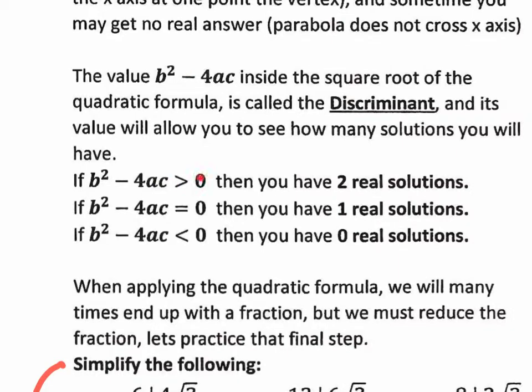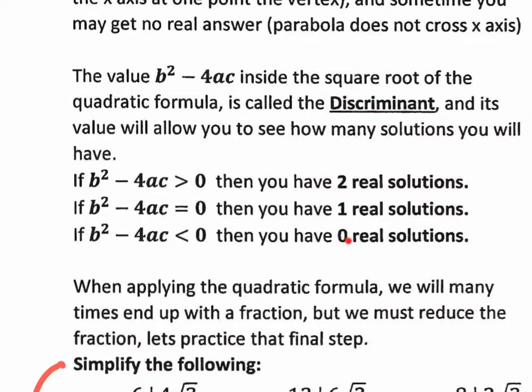If it's greater than 0, if it's positive, you're going to end up with 2 real answers. If your discriminant value is equal to 0, then you're going to have the square root of 0 using the quadratic formula. And when you add or subtract 0, you get the same answer. If your discriminant value is a negative number, the number inside the square root, if it's less than 0, you know you can't do the square root of a negative, which means that it's impossible to do.